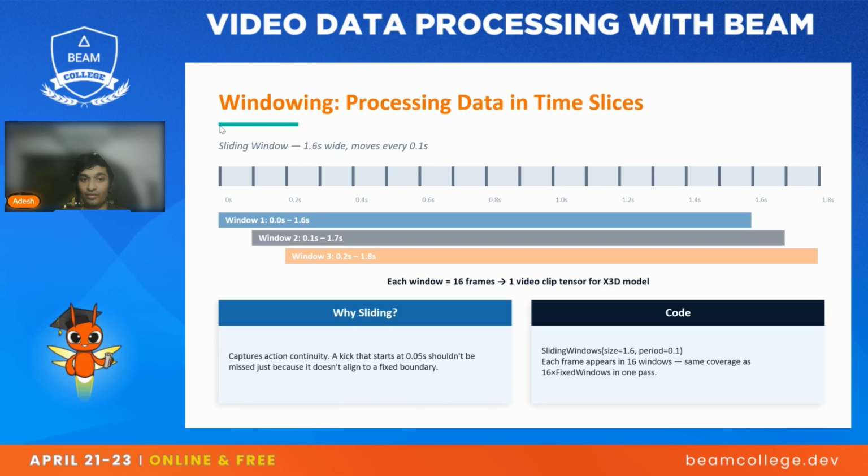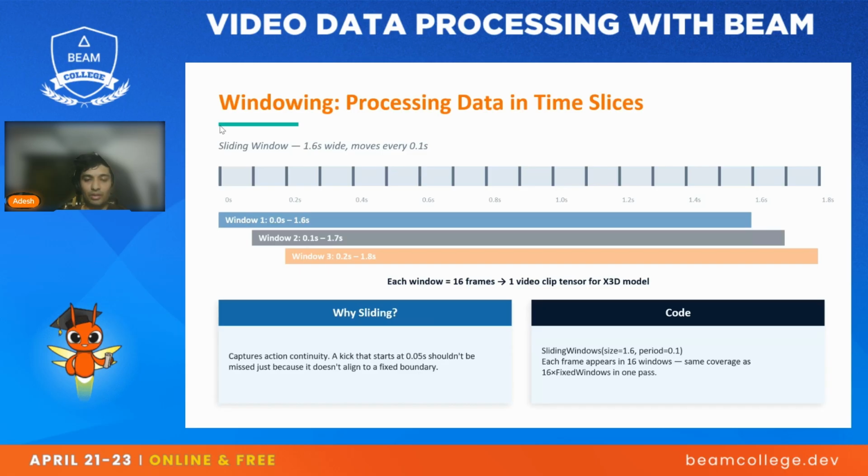The size of each window in this example is 16 frames. Window 2 and window 3 go ahead by 0.1 second, then 0.2 second. So the stride we are using is 0.1 second. We are not letting go of even a millisecond of data, which could make a difference in making predictions going ahead.